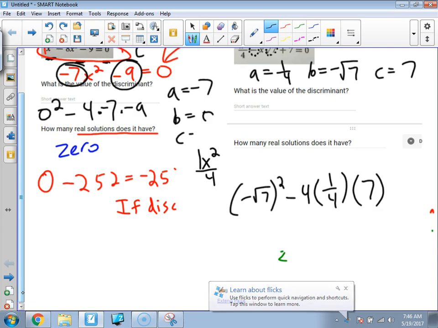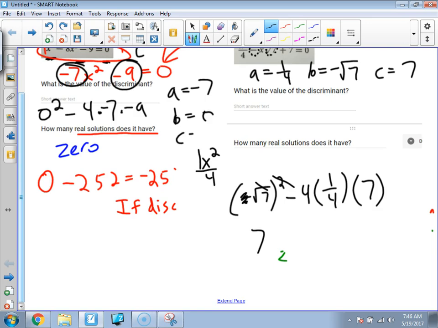Negative root 7 times negative root 7 is what negative root 7 squared really means. A negative times a negative will make it positive. And as you may remember from 22.1a, a square root and a square essentially cancel each other out. So it's essentially 7.